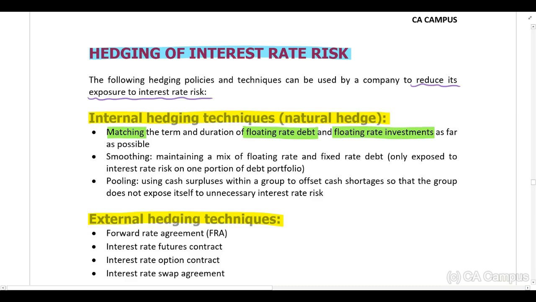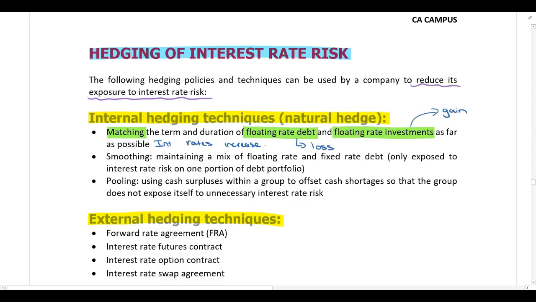Think of a situation like this. If interest rates increase, then obviously if you have any debt, you will make a loss on that because you are paying interest on the debt. However, if interest rates increase and you have investments, you will make a gain.